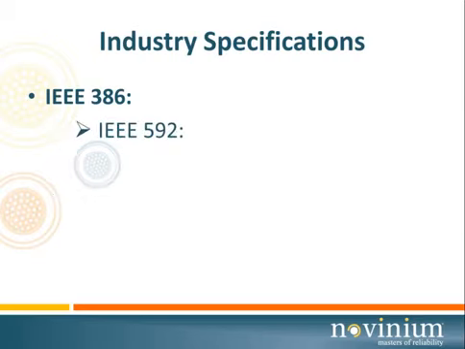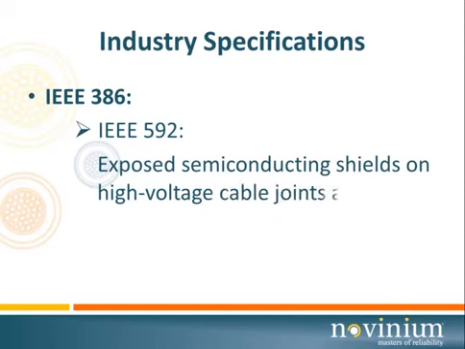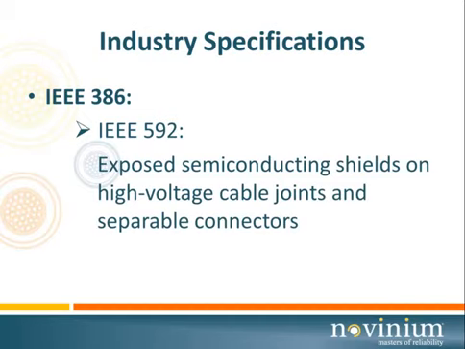Within IEEE 386, there are a few standards. One of them is IEEE 592, and the title of that standard is the standard for exposed semiconducting shields on high voltage cable joints and separable connectors. Now, as we mentioned in one of the first slides early on, the outside surface of these connectors is fully shielded, but it is shielded with a semiconducting rubber.